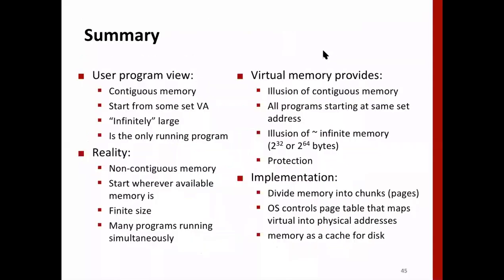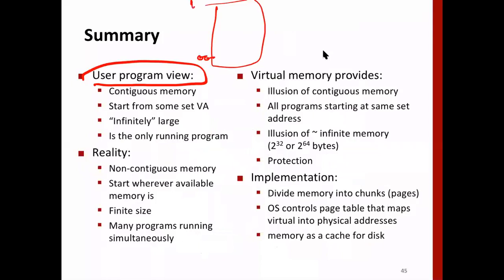To summarize, the user, or program, has its own view, like we have seen, starting from 0000 to whatever, which corresponds to the virtual address or address space. And it has a view of contiguous memory. So the user view is that it starts from 0000 up to FFFF, and it's very large.